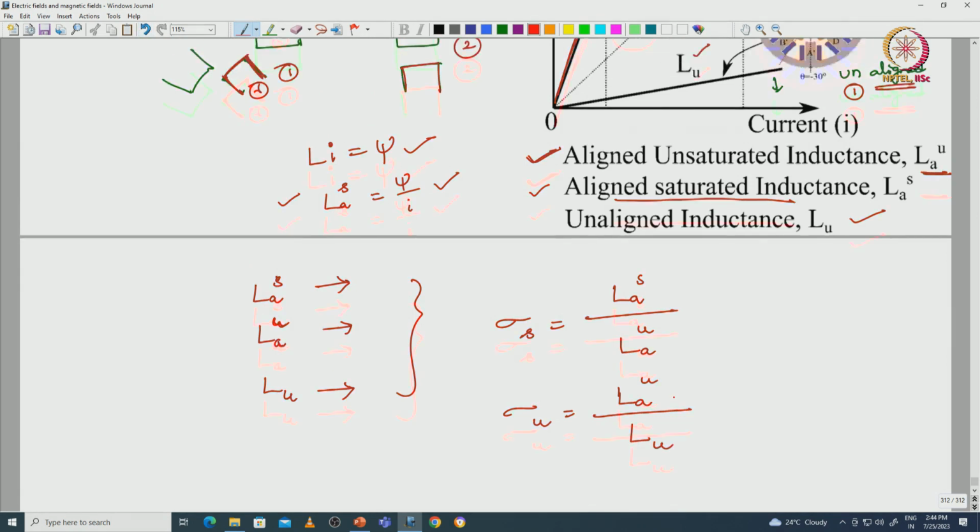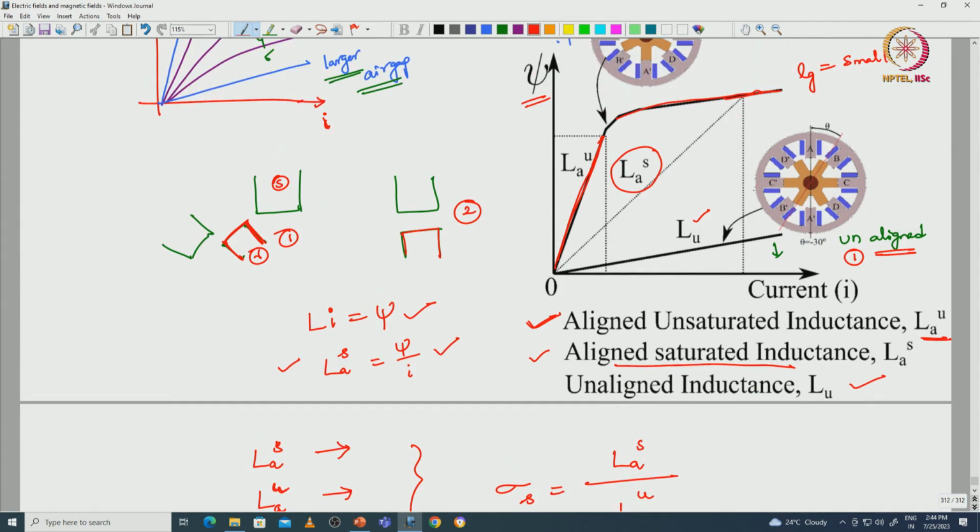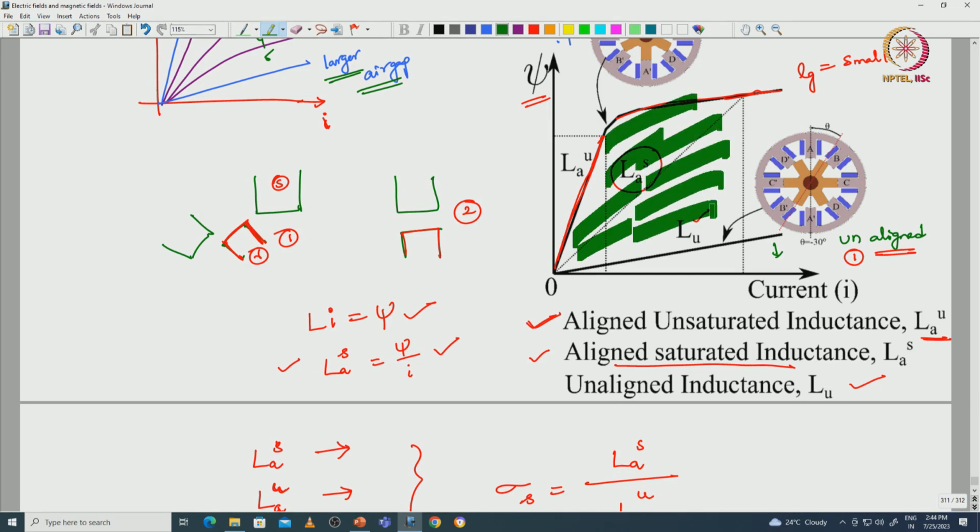At the unaligned condition the inductance value is minimum, at the aligned and saturated condition the inductance value is maximum. The area under this curve represents the developed mechanical energy with respect to one particular phase excitation or one particular stroke.